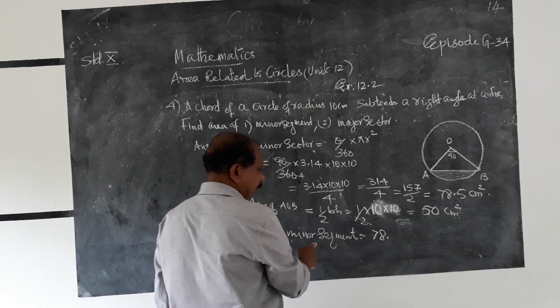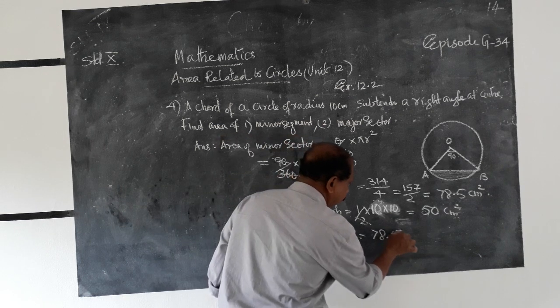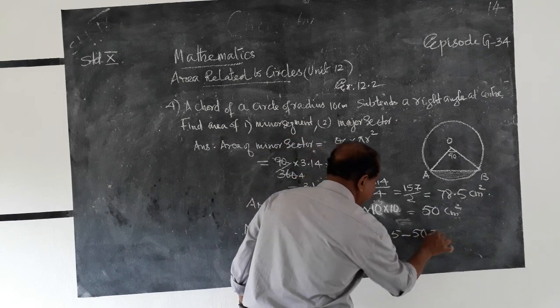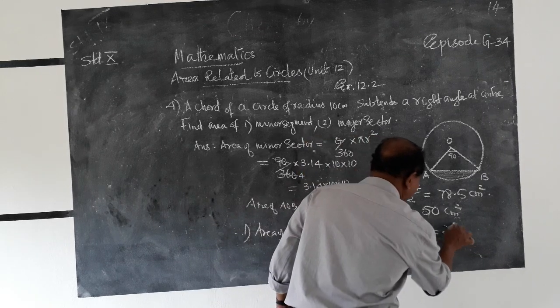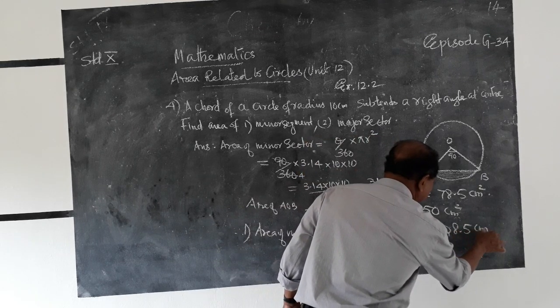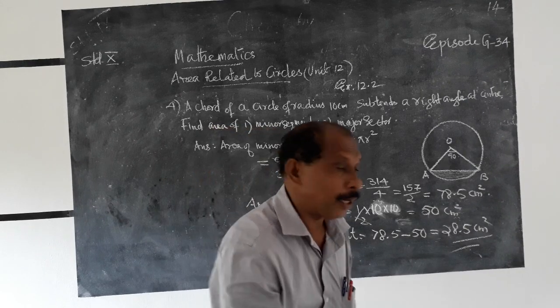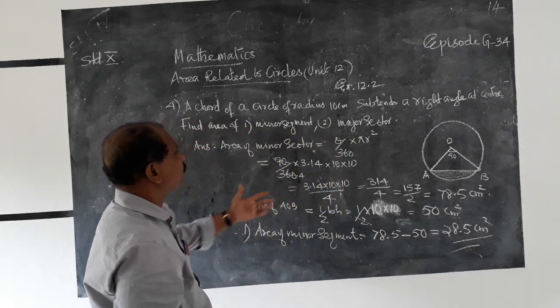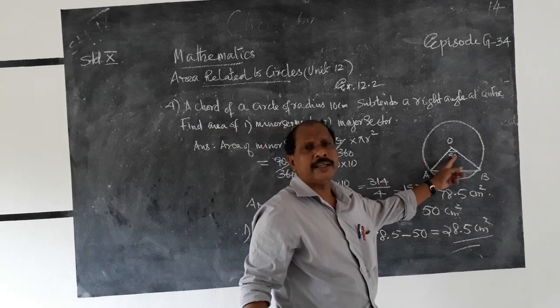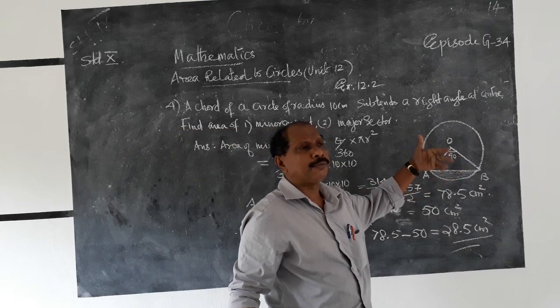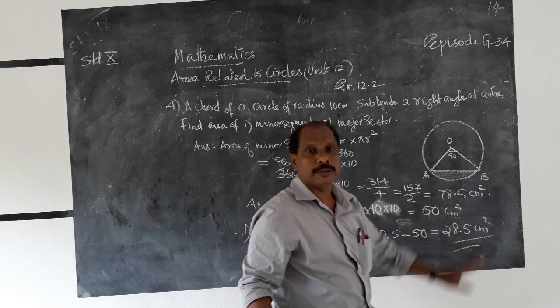Therefore, area of minor segment is equal to 78.5 minus 50, is equal to 28.5 centimeters square. That is the area of the minor segment. Then the major sector. Major sector means 1 minus 90 degree, that is 1 by 4. Therefore, 3 by 4.